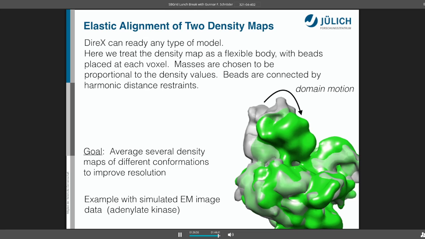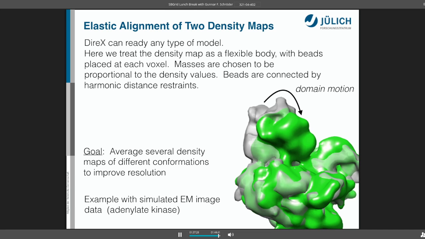We basically put beads or point masses at each voxel in our density map, and the masses are chosen to be proportional to the density values. Then all the beads are connected by harmonic distance restraints, which means we have an elastic body, basically. The whole idea is that we want to use this elastic alignment to average density maps in different conformations to improve the resolution, of course.